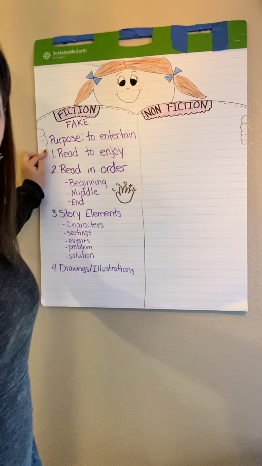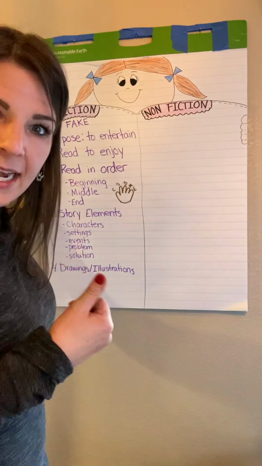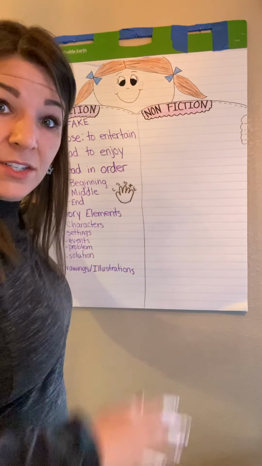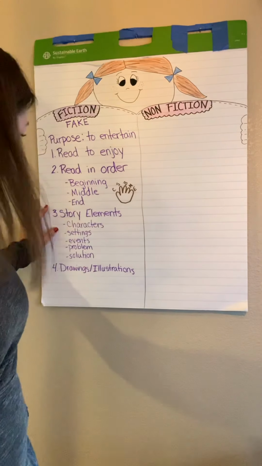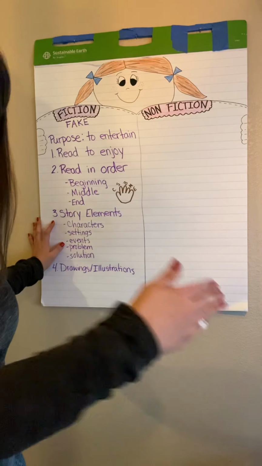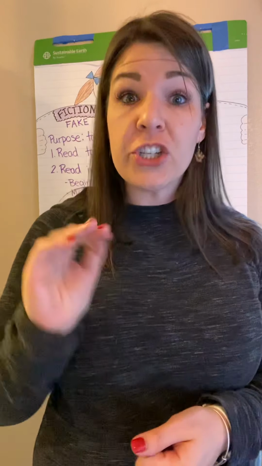I read it because I enjoy it. Or I have to read it in order so that I can tell the beginning, the middle, and the end. Or I read it and there were characters, settings, different events that happened. There was a problem, there was a solution, and there were drawings. So pick any book you want in Raz Kids, and then in Seesaw, you need to record yourself telling us what fiction book you chose and how or why you knew it was fiction, okay?